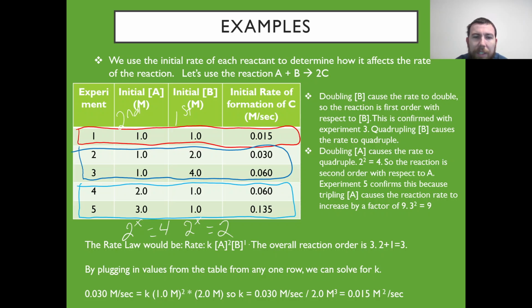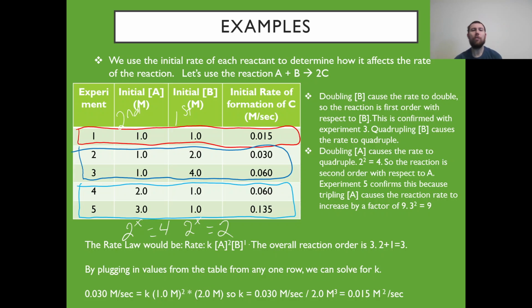And so then what we can do is use one of those experimental data lines and solve for K, right? If you're looking at this particular problem, how it's been worked out, they took experiment number 2 and used the values. So we've got the rate, 0.030 molar per second equals K times 1.0 molar squared times 2.0 molar.